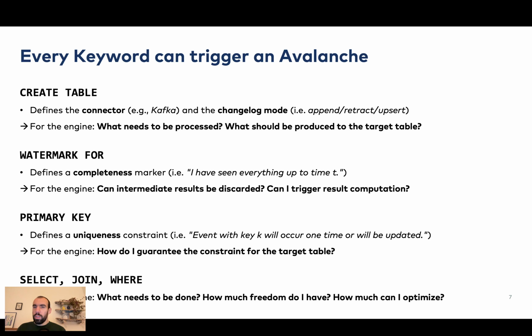And then, of course, there are tons of keywords that the standard defines, and we are all familiar with those. Select, join, where. Those basically tell the engine what needs to be done, not the how. The how can still be defined by the engine, but at least the engine knows how much freedom I have, how much can I optimize in order to produce what the user asked for.